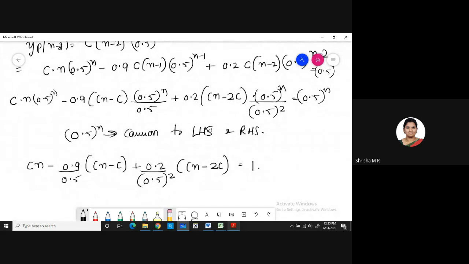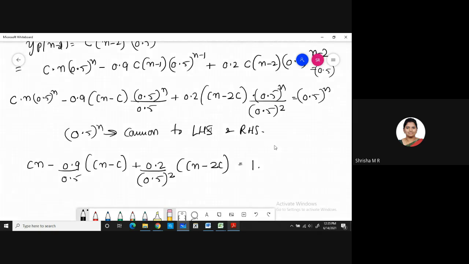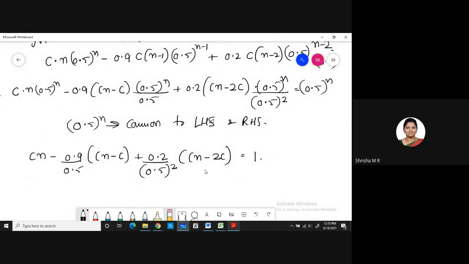So if I cancel out this everywhere, 0.5 to the power of n is common to all, LHS and RHS, so it will get cancelled. So the remaining terms: Cn minus 0.9 by 0.5 into Cn minus C, plus 0.2 by 0.5 whole square into Cn minus 2C is equal to 1. Clear?